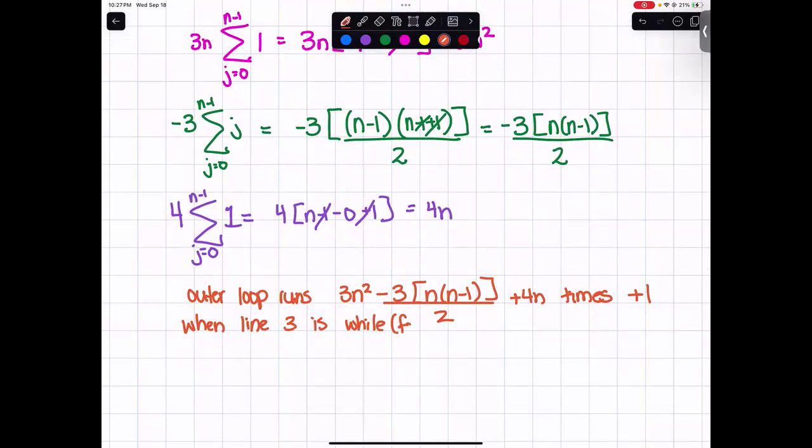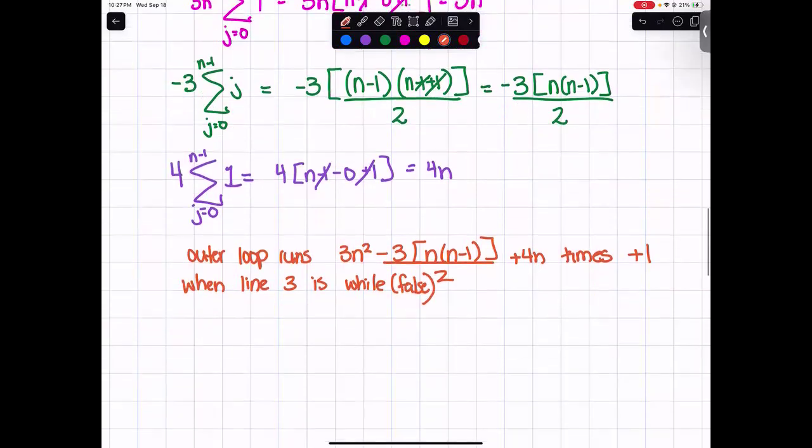Can't forget about that extra one. I know we all want to. So we end up with 3n squared minus 3n times n minus 1 all over 2 plus 4n plus 1.